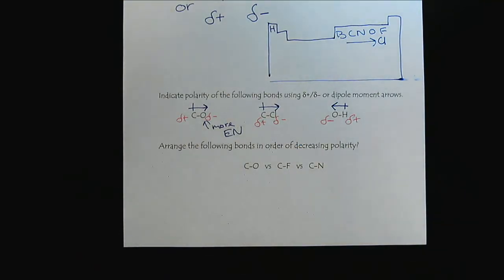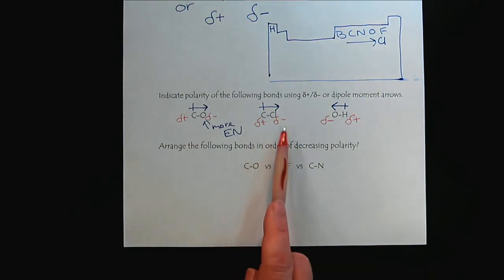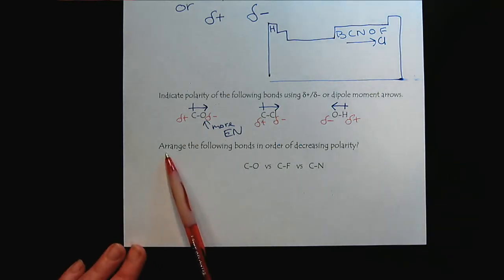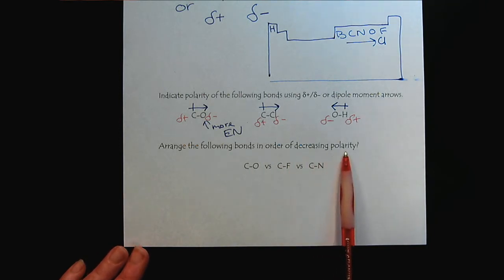Now, one thing that can be a little bit confusing about these dipole moment arrows and these partial plus and minuses is we haven't put an actual numerical value. But with all polar bonds, we saw on the page before that there can be a range of polarities. So let's look here at this type of question. Arrange the following bonds in the order of decreasing polarity.